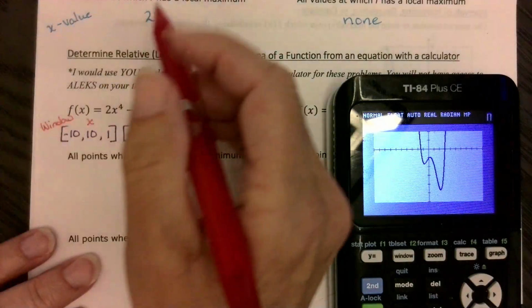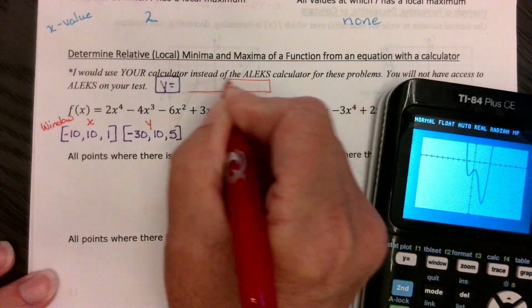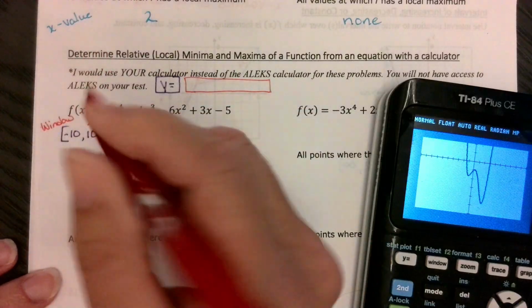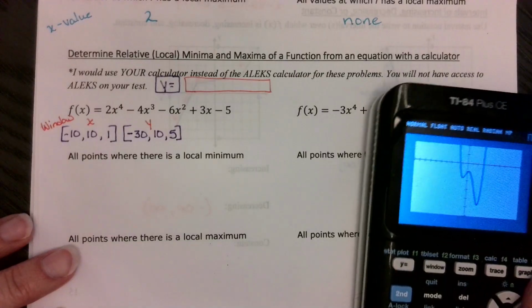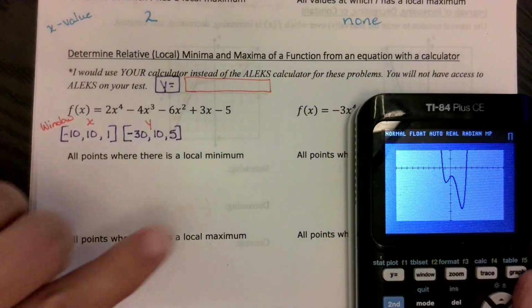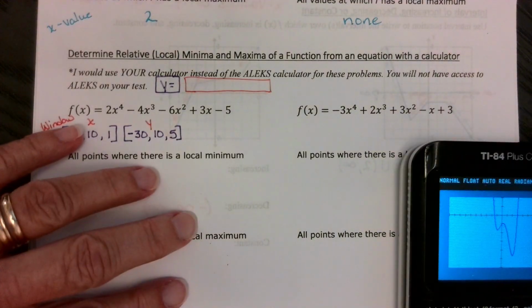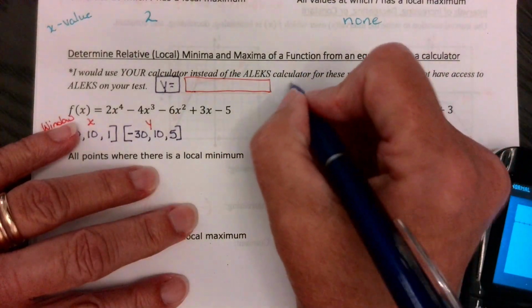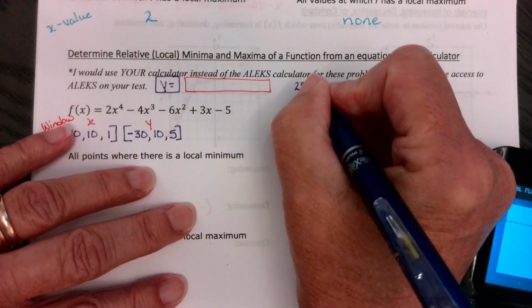Now, so we've done y equals. We've plugged in our function, right? And then we hit graph just to see what the graph looks like. So in order to find minimums and maximums, they're going to be the exact same. You are going to hit your second button.